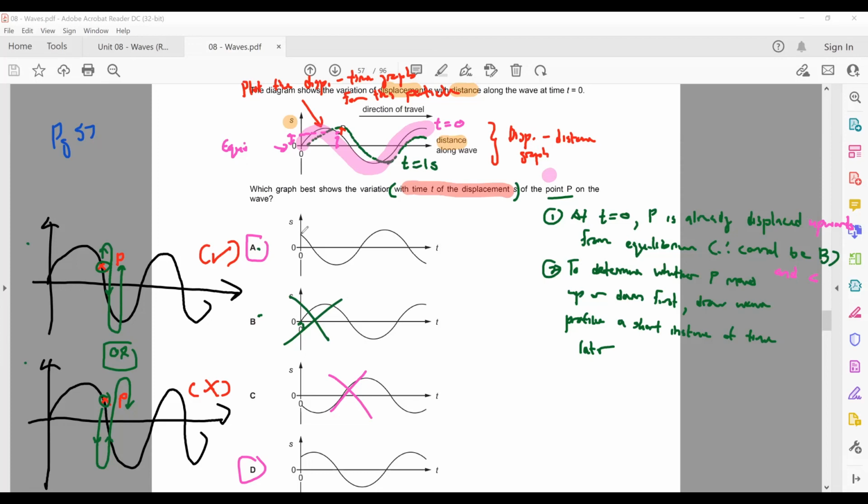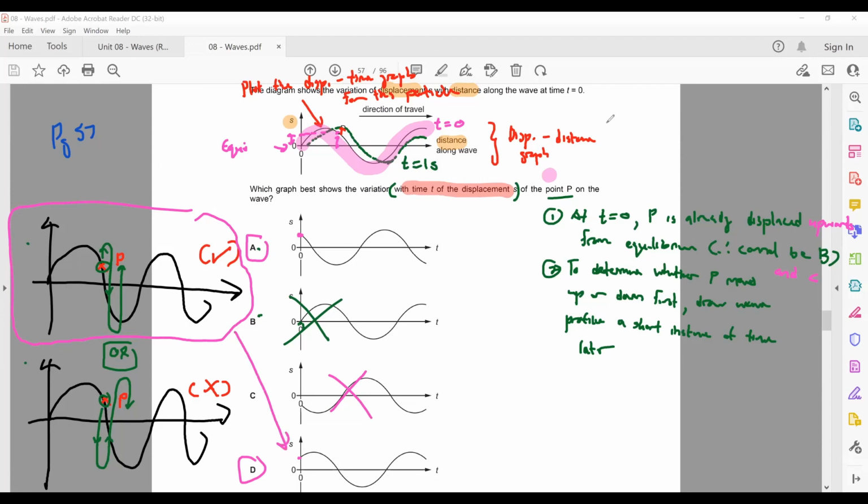Okay, both of them are starting at the correct displacement, but now here is where you start to choose whether it should be going up or whether it should be going down. So just now I explained to you, you just draw a wave profile a short instant of time later to see whether it's going up first or going down first. You already determined it is this. Okay, so it's going to go up, then go down to go back to its original position to complete one oscillation. The one that shows that is actually going to be this.